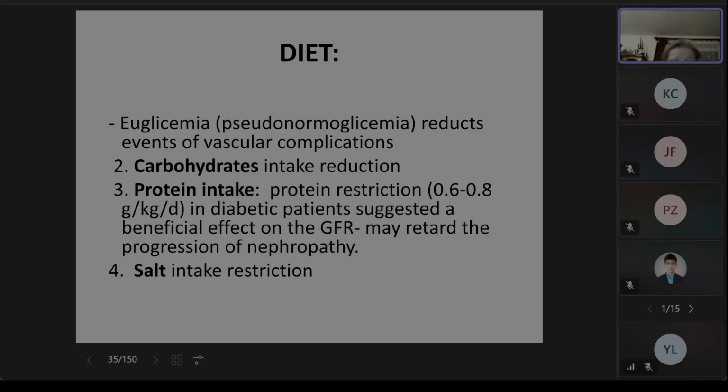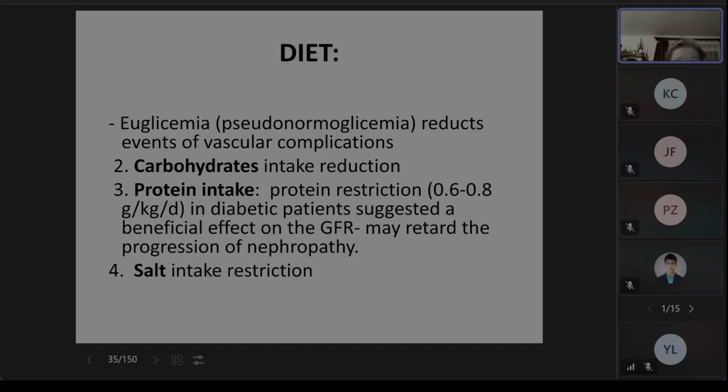And they say, for example, that in stage 3 of chronic kidney disease, you have to reduce protein intake to 0.8 gram per kilogram of body weight per day. And in stage 4, you have to reduce the protein intake to 0.6 gram per kilogram per day.